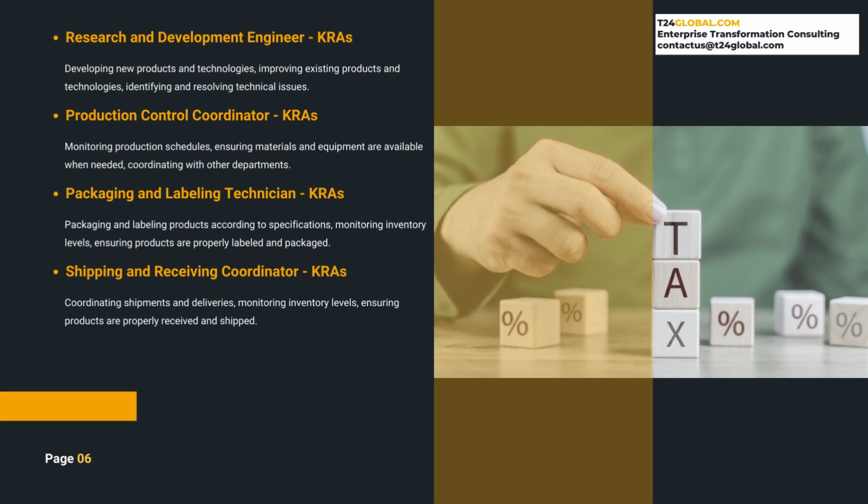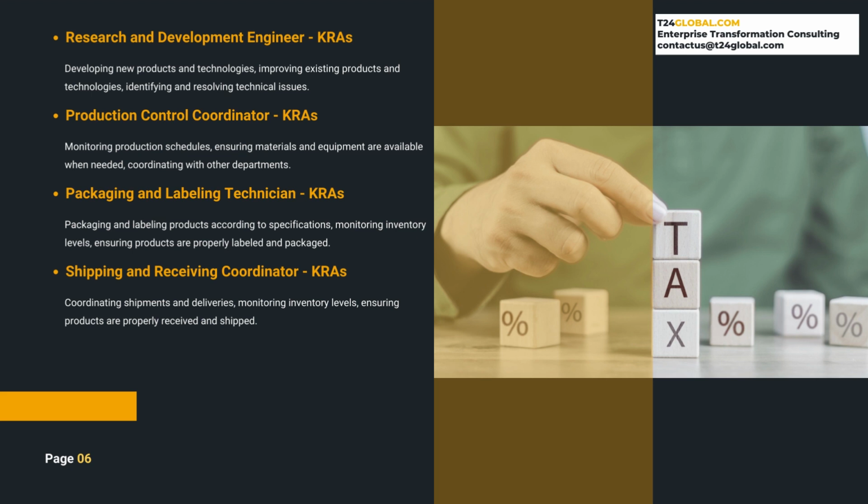People who report to packaging and labeling technicians include production supervisors and material handlers. Some of the tools and technologies used by packaging and labeling technicians include label design software, packaging machinery, and barcode scanners.